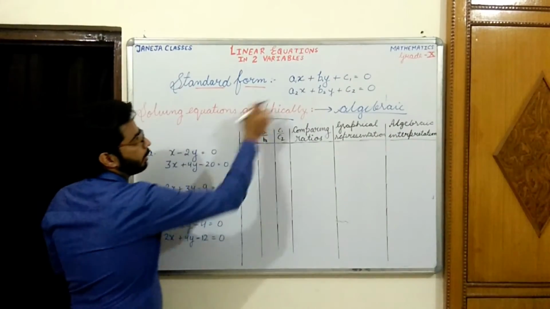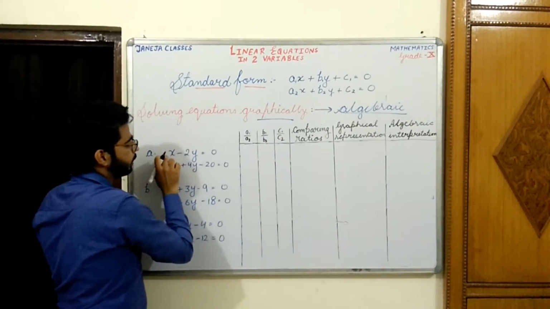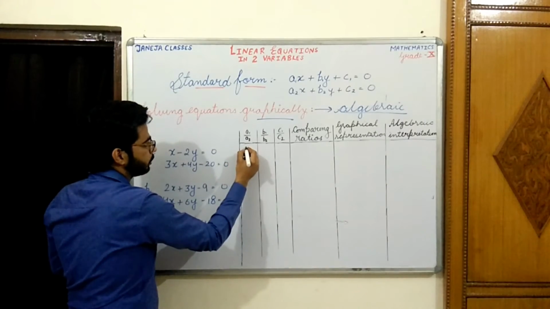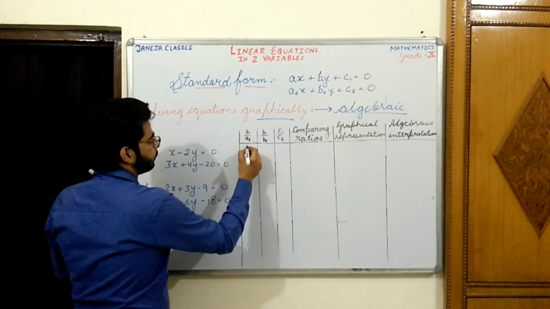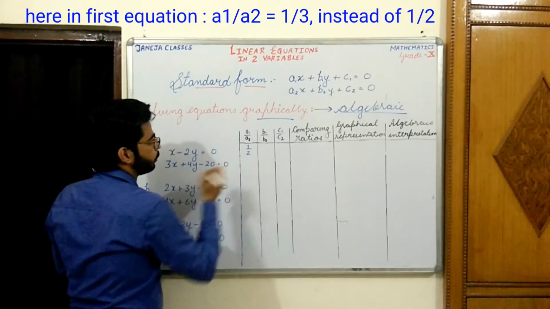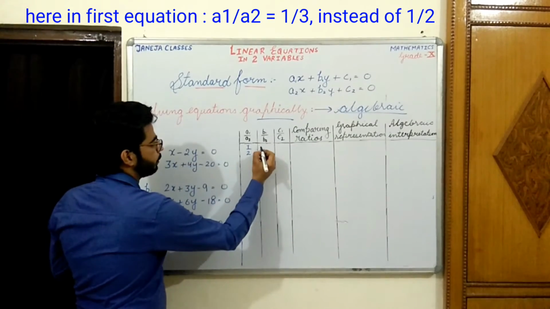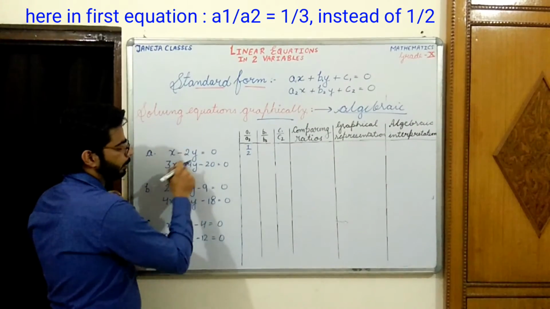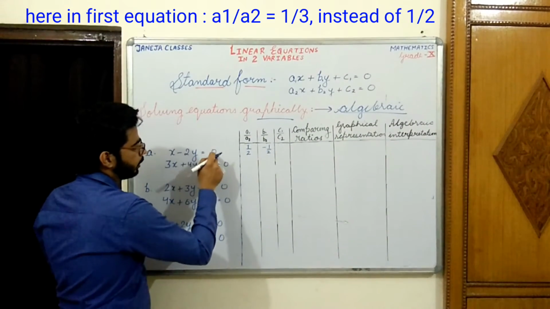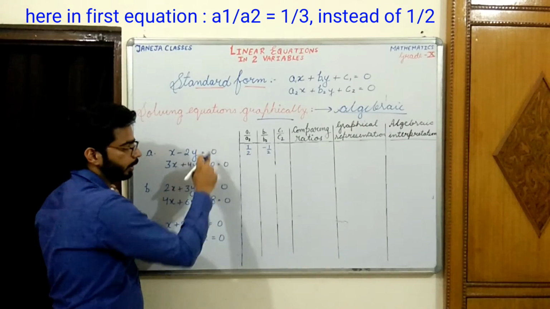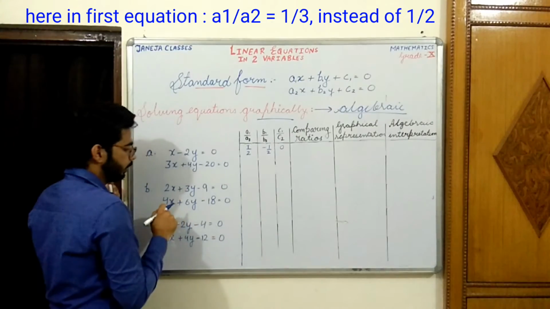First, a1 upon a2: the coefficient of x is 1, so it will be equal to 1 upon 2, and b1 upon b2 is equal to minus 2 upon 4. By reducing it we get minus 1 upon 2, and here c1 is 0 and c2 is minus 20, so 0 upon minus 20 will be equal to 0.